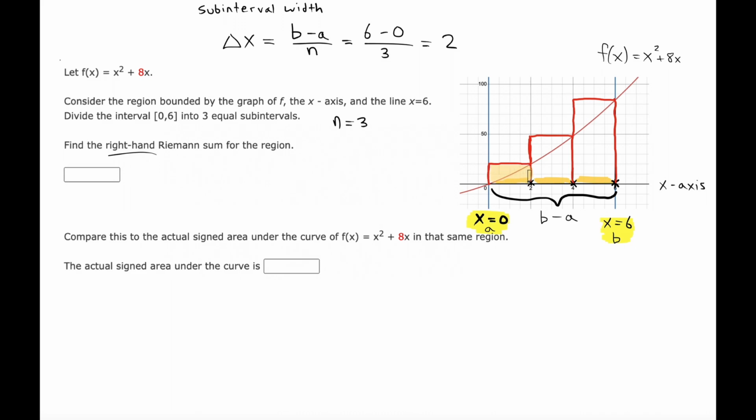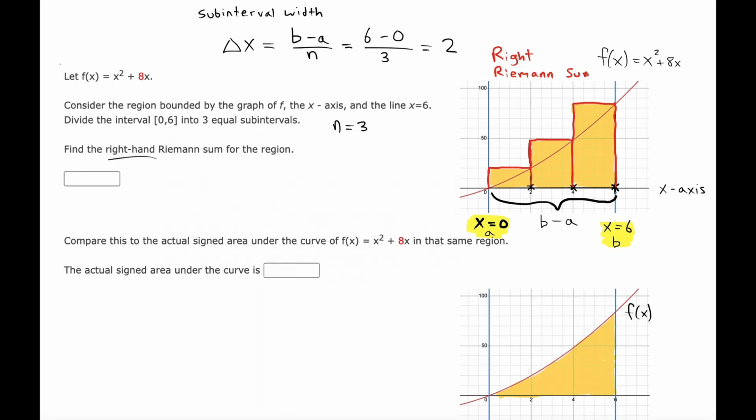Now I'll shade the subintervals in. Okay, so in this particular problem, the Riemann sum will be an overestimate of the actual area. The right Riemann sum is pictured above, and the actual area is pictured below.